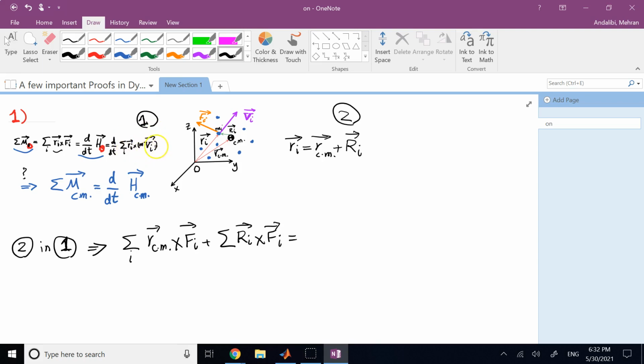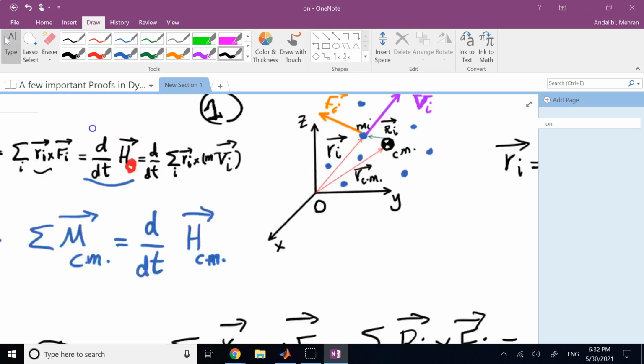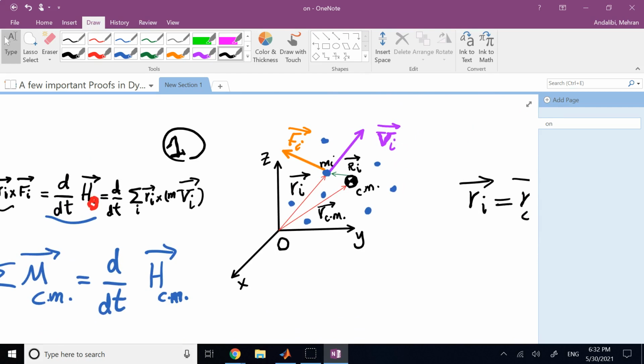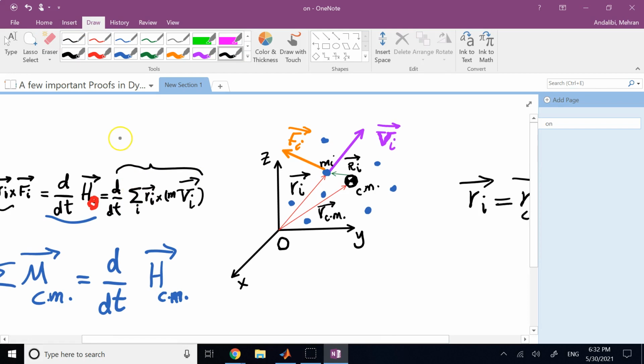first I can simplify or rewrite it, because when I take the time derivative of this right hand side and exchange the position of time derivative and summation, this is going to be summation of time derivative of Ri, which is Vi, cross m Vi, plus summation of Ri cross derivative of m Vi.